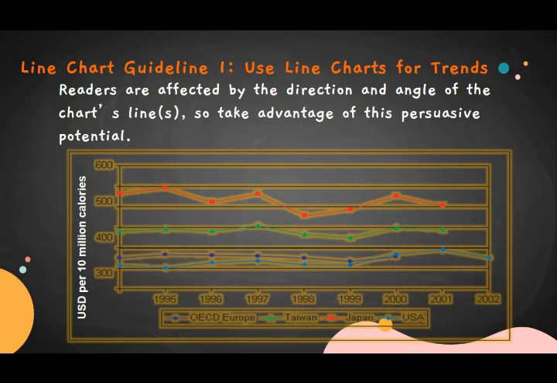The first guideline is use line charts for trends. Readers are affected by the direction and angle of the chart lines, so take advantage of this persuasive potential. As you can see on your screen, that is an example of a line chart.